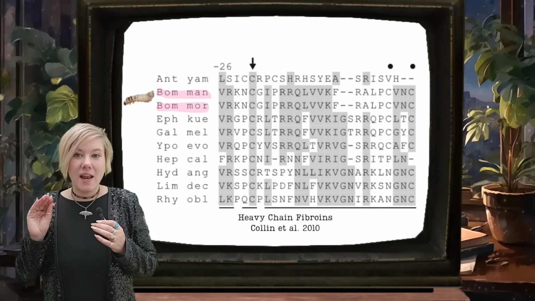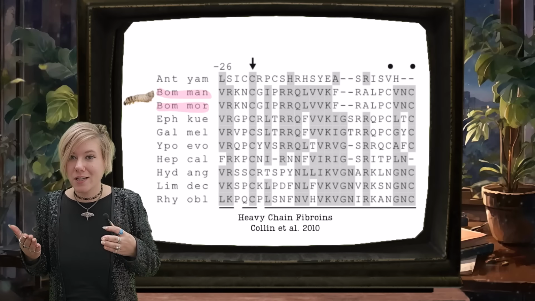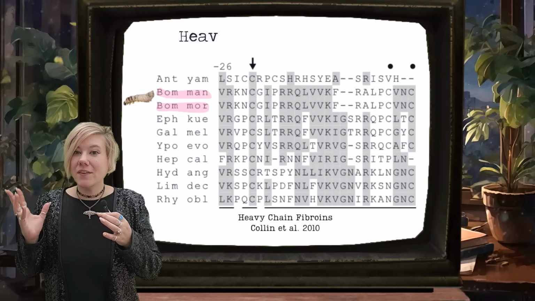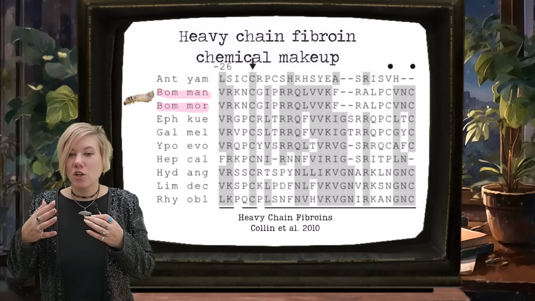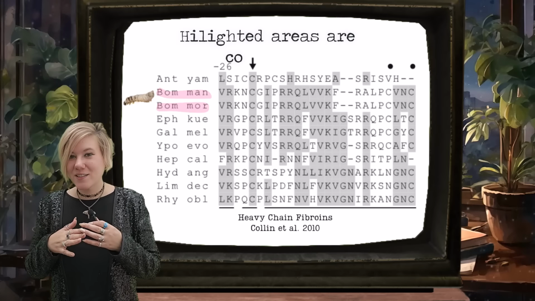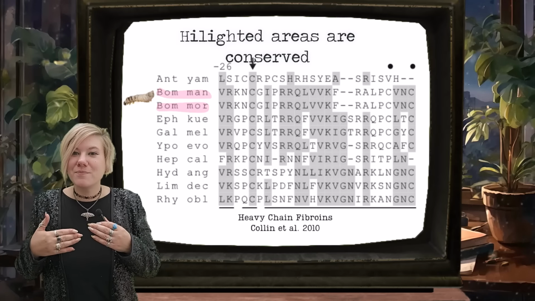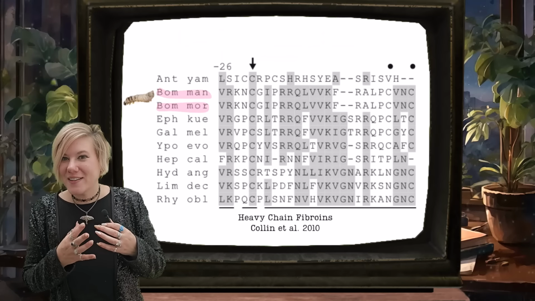This table is looking at heavy chain fibroins, which is just one type of fibroin protein that you can find in silk. It's looking at the heavy chain fibroin chemical makeup. And looking at this, you can definitely tell that they're made by the same architect, or they are being produced by the same line, the Lepidoptera line, the butterflies and moths.